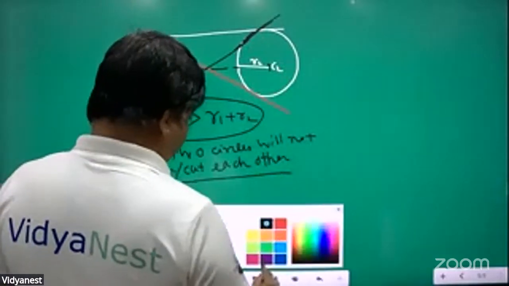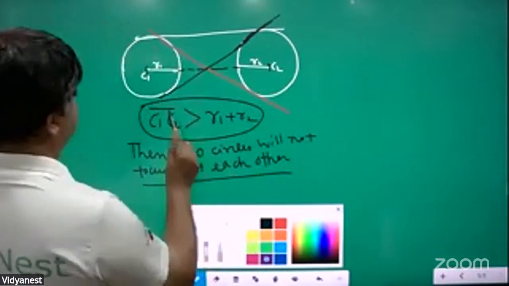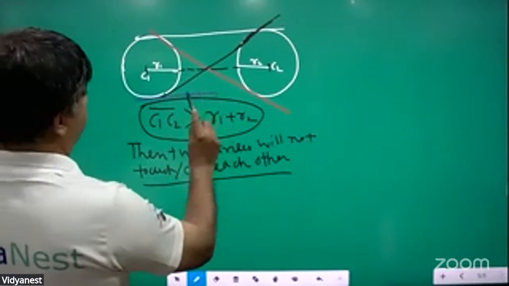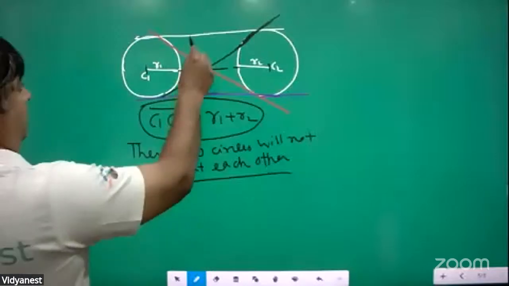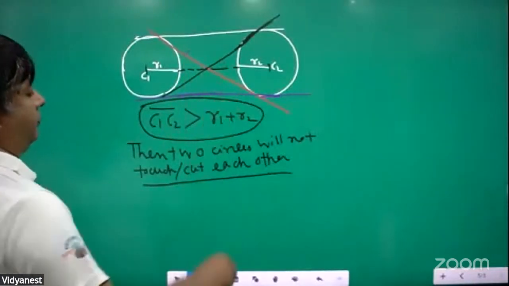And the last one, four. Total four tangents. 1, 2, 3, 4.